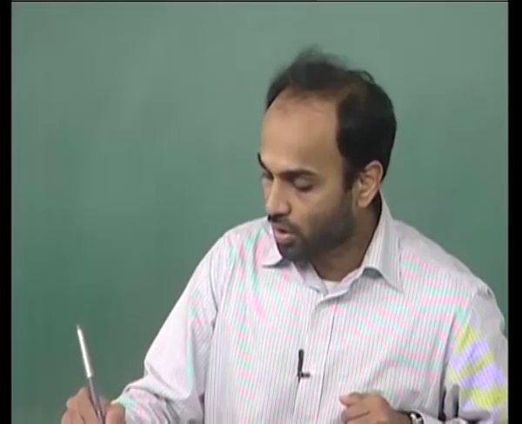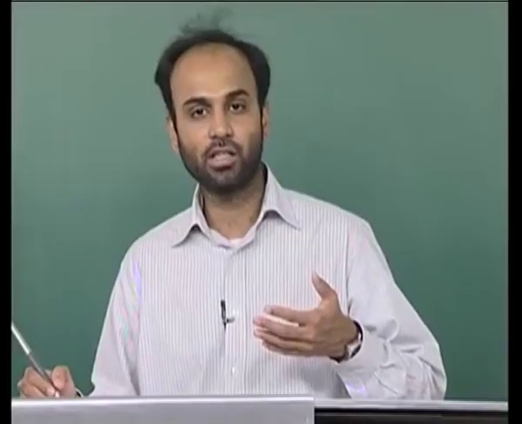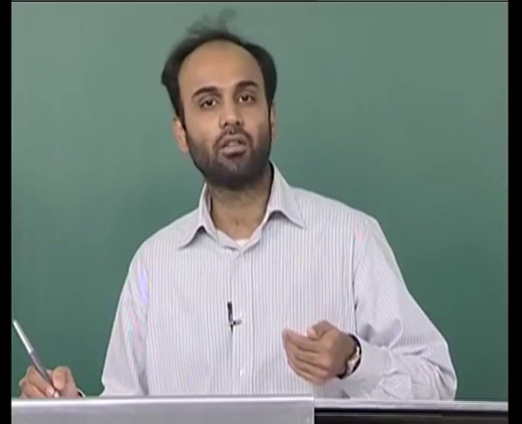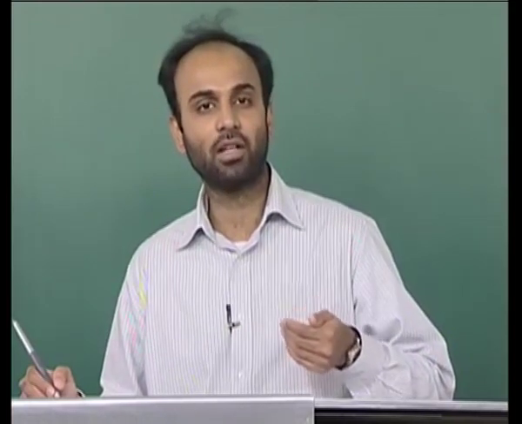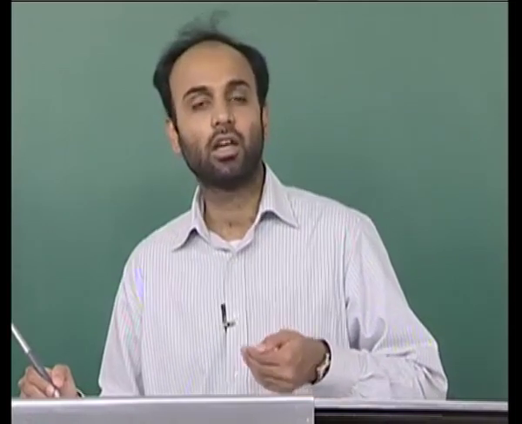Then we are going to look in detail into modeling of a broadband wireless communication channel. Since we are talking about wireless communication systems, the wireless communication channel has a key effect on them, because it represents a very adverse environment, as we are going to see in the future lectures.